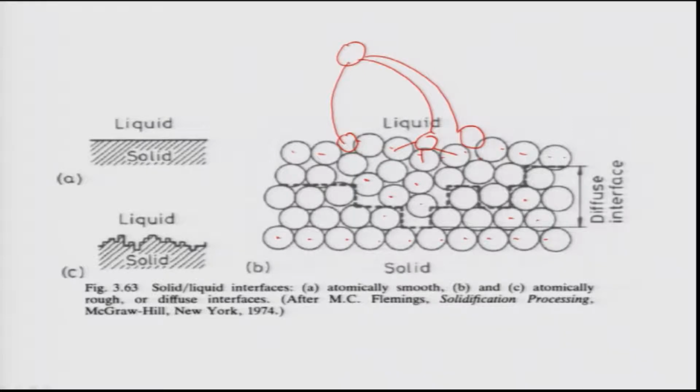The diffusion is very fast. Diffusion coefficients are very large here. So this can easily migrate and reach these places. Even while it is traveling, it can easily occupy these positions nicely, and finally all bonds can be satisfied. So in atomically rough surfaces or diffuse interfaces, there are a large number of places where the atom can easily jump and sit and become part of the solid.